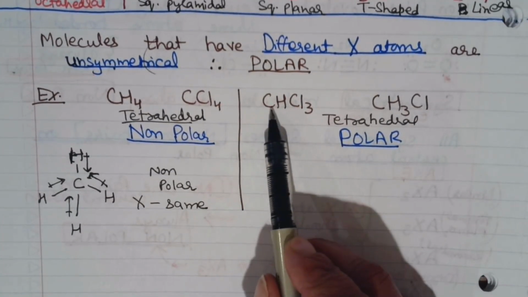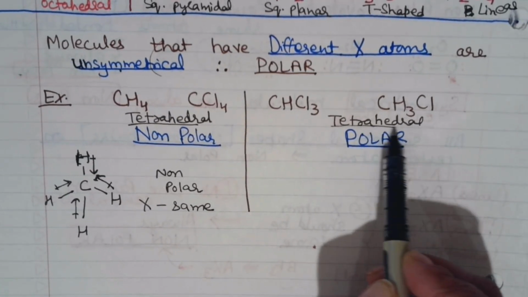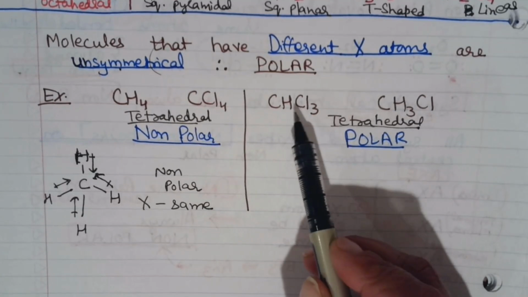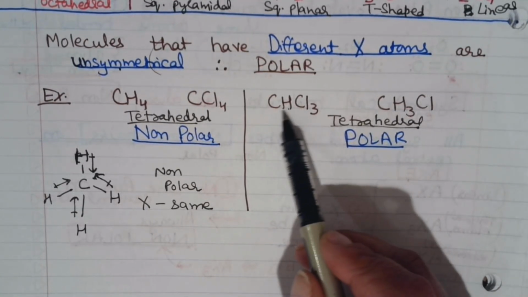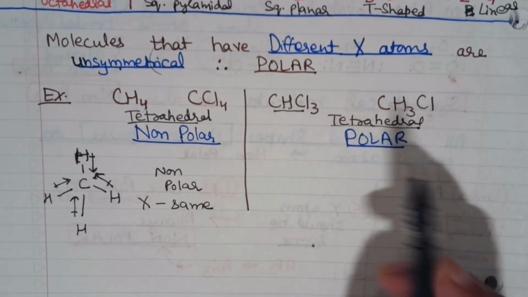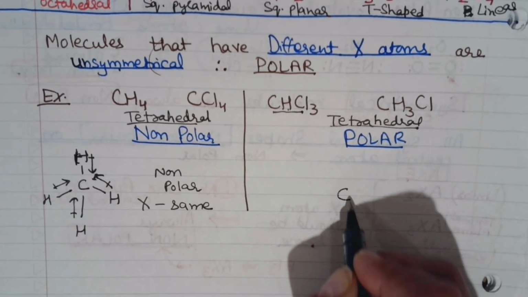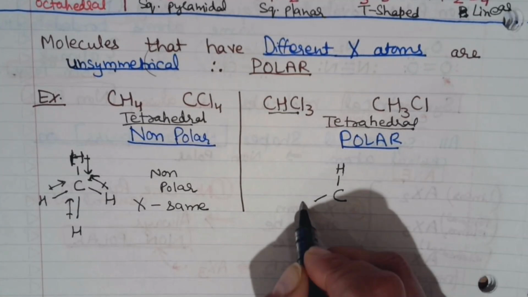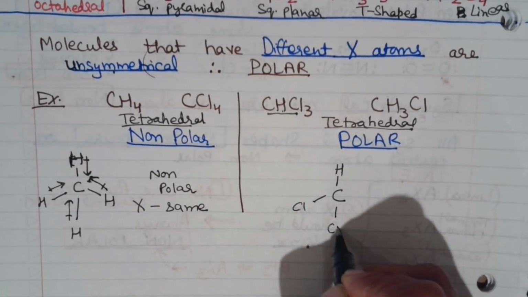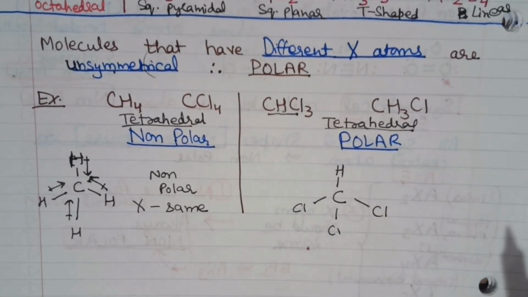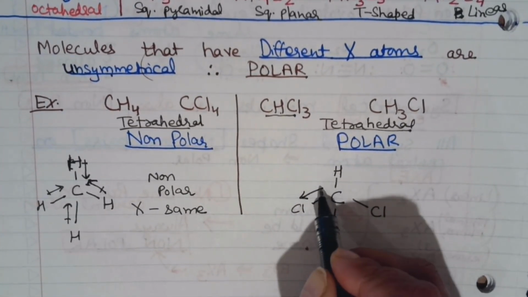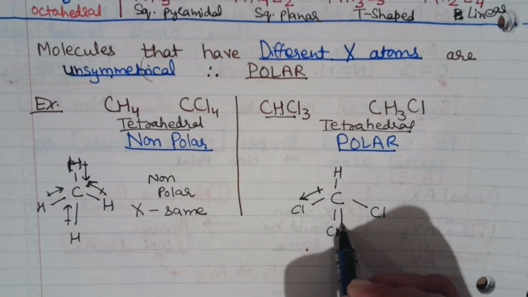Whereas if we have a tetrahedral geometry or any AX4, AX5 and the X atoms are different, for example CHCl3, if I draw CHCl3, it's going to look like this. So one Cl here, another here and another here, right? So the direction of the bond polarity is like this, right?